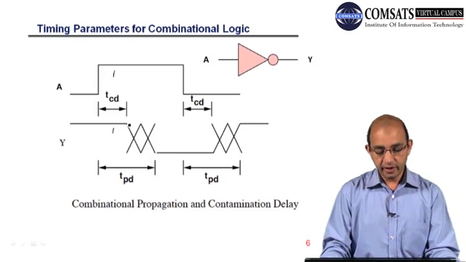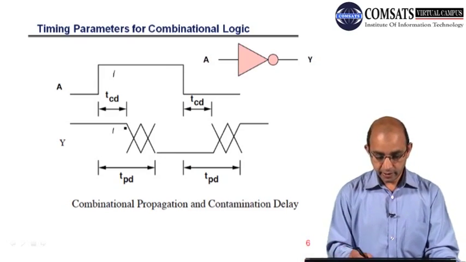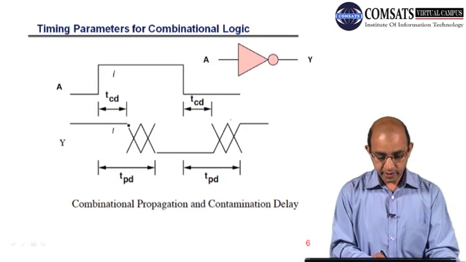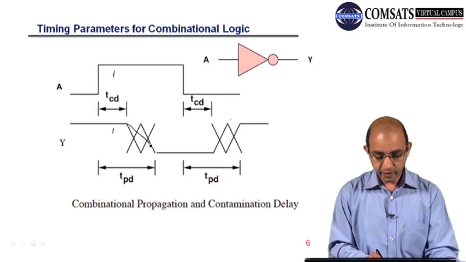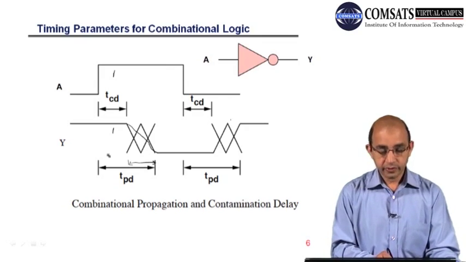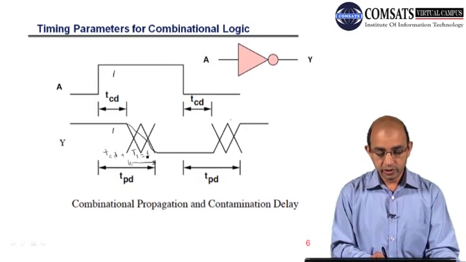If I mark this, let me use this pencil. So here we have taken another amount of time. Let me call this TCD plus this amount of time, that is T1, that is equal to TPD.